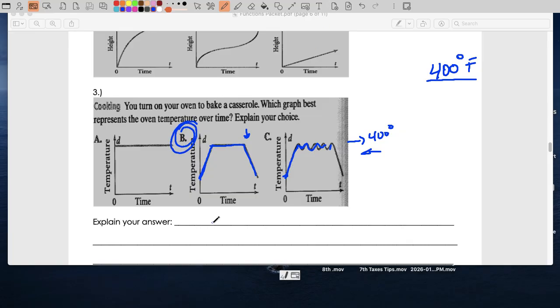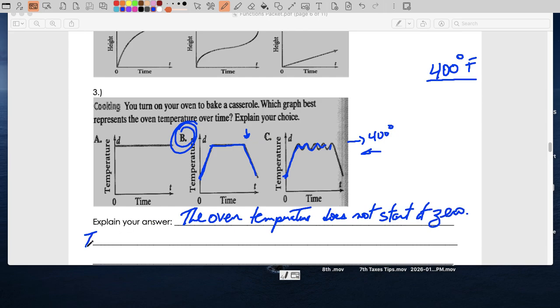Okay, you can write the answer, explain your answer. The oven temperature does not start at 0. The oven is about, I'm going to say, 60 degrees Fahrenheit.